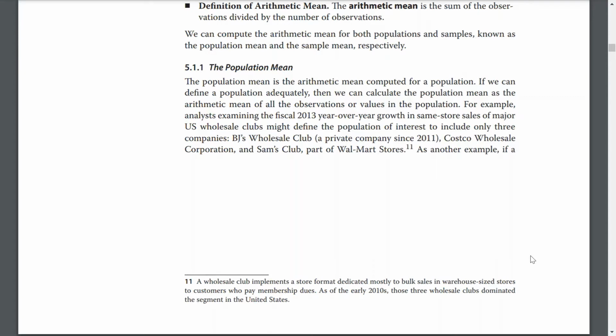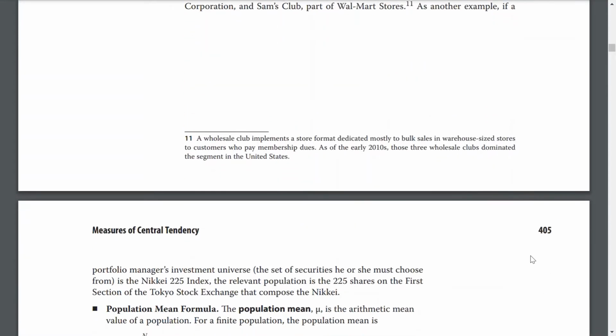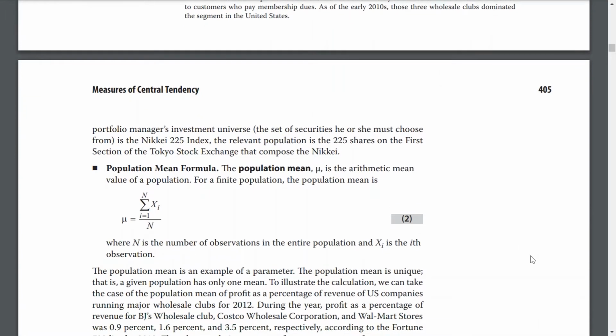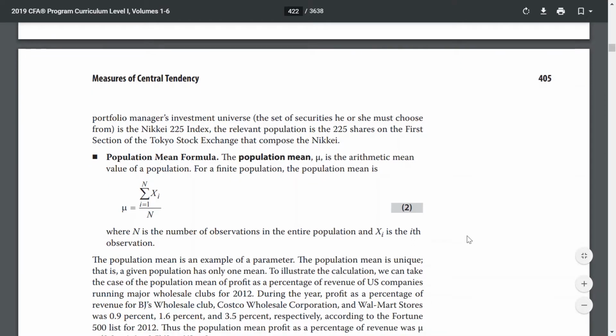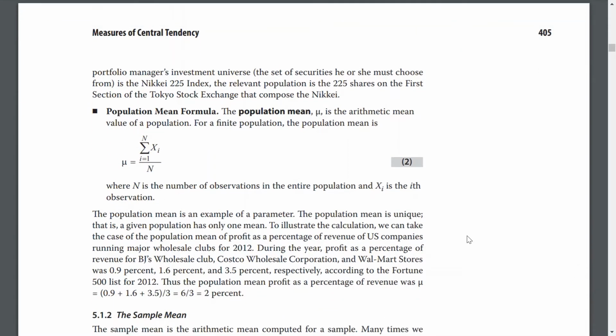As another example, consider a portfolio manager's investment universe, the set of securities he or she may choose from. The Nikkei 225 index is the relevant population of the 225 shares of the first section of the Tokyo Stock Exchange that compose the Nikkei.